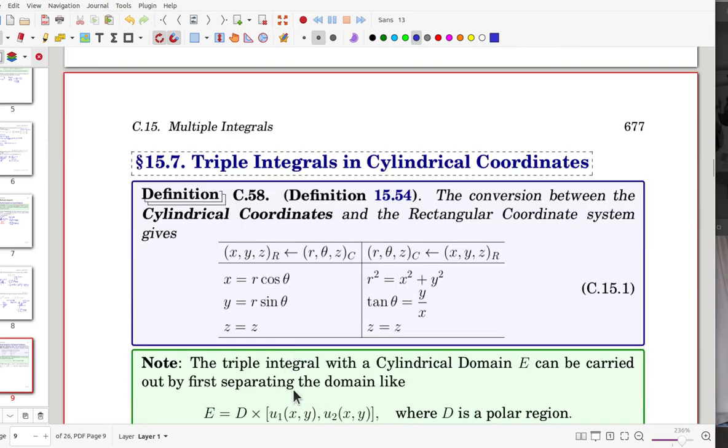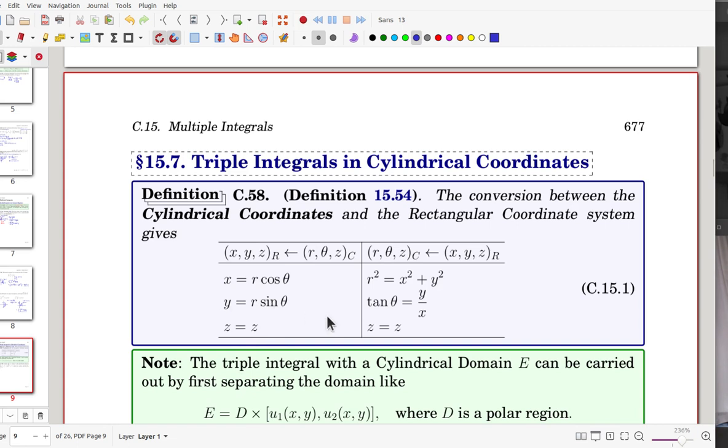Now we'll move to section 15.7, triple integrals in cylindrical coordinates. Cylindrical coordinates go along with polar coordinates in 2 directions, and the other direction is straight.